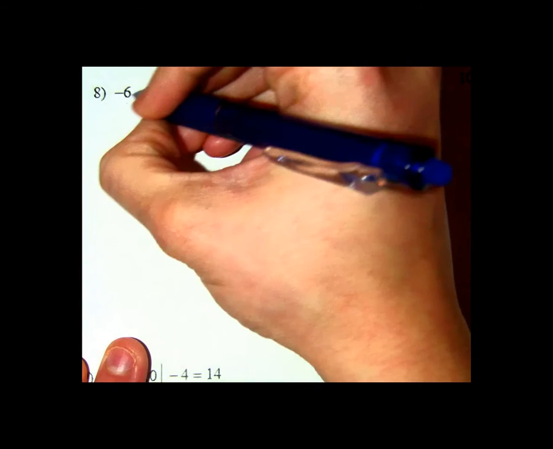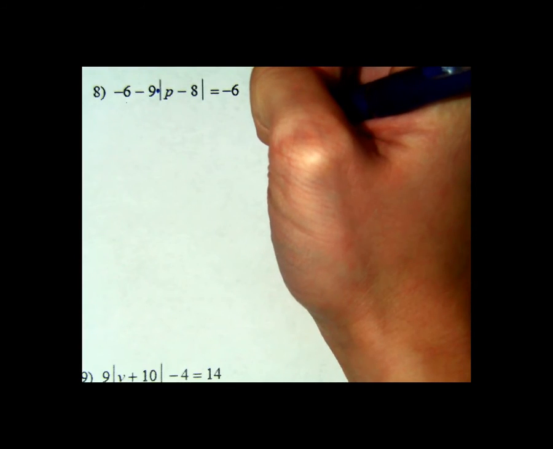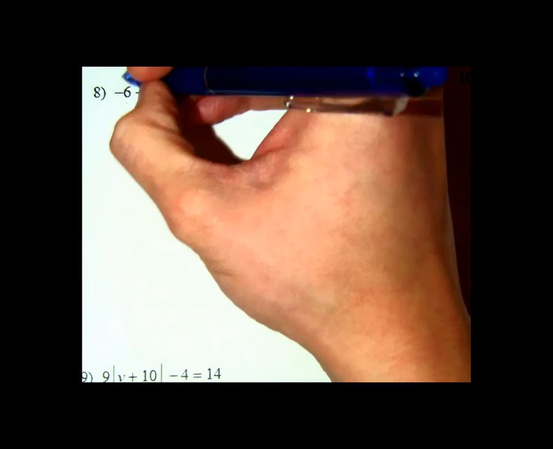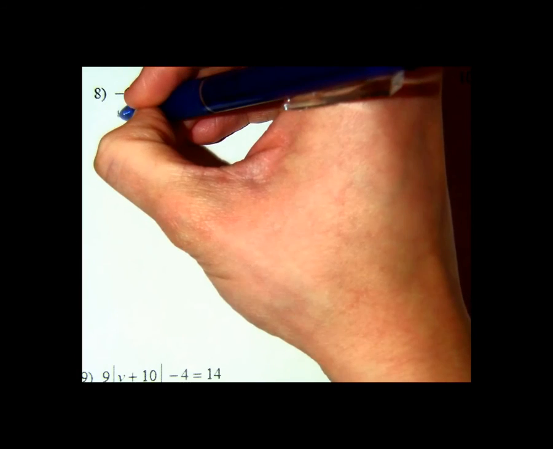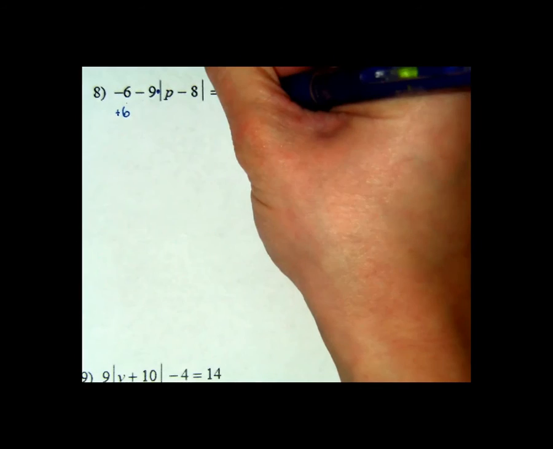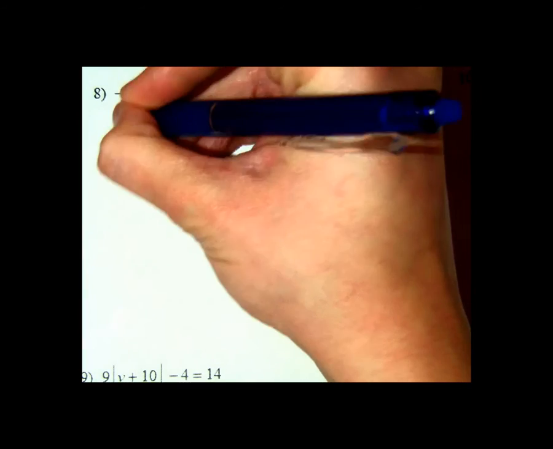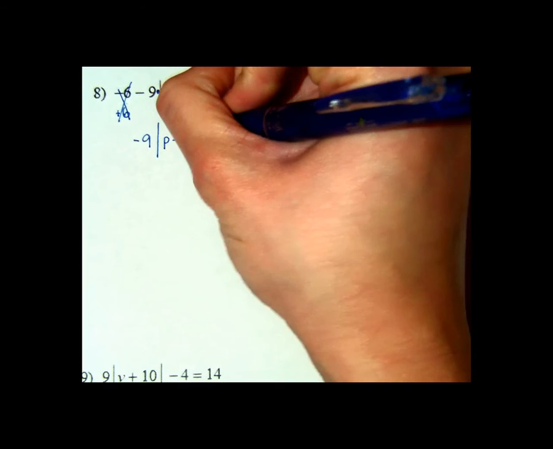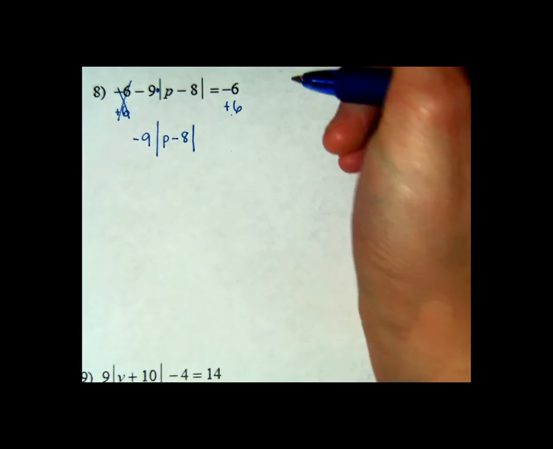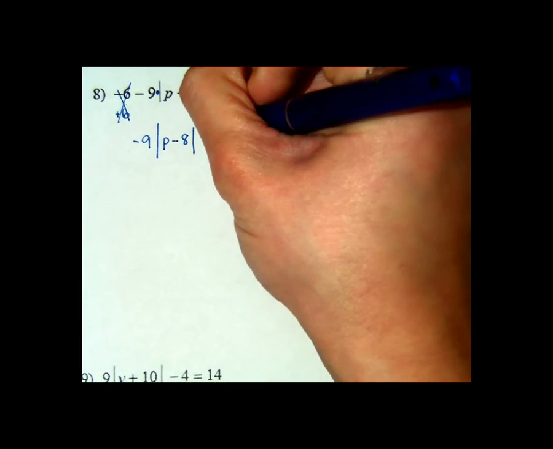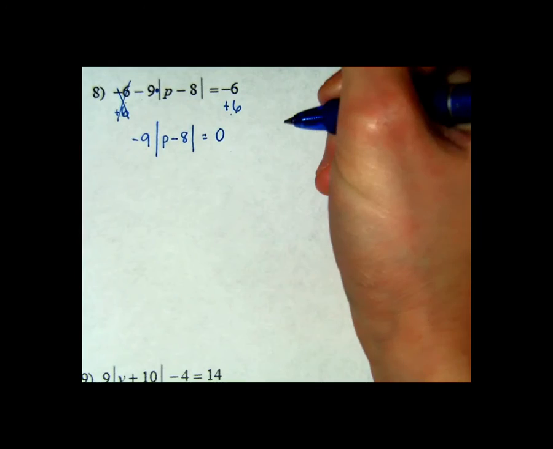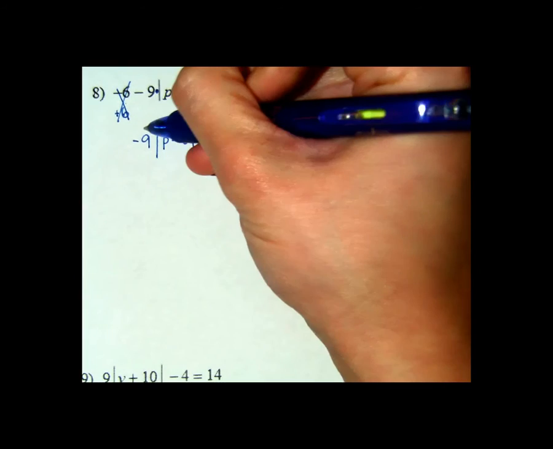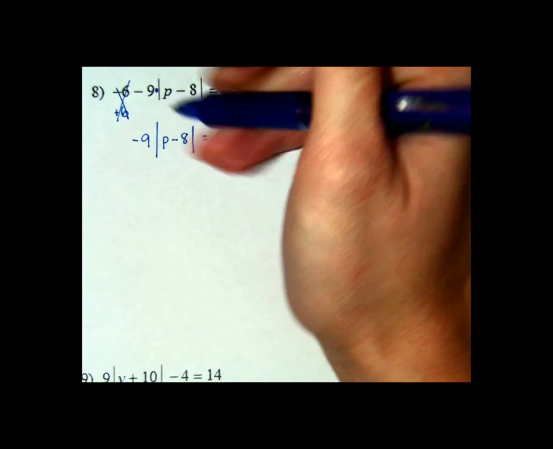You cannot add these together or combine them, so do not combine them. We are going to deal with this negative 6 first by adding it to the other side. We're going to bring down the negative 9 and the absolute value bars. It's a good idea to make them longer because you don't want to mistake them for 1s. And that equals 0.